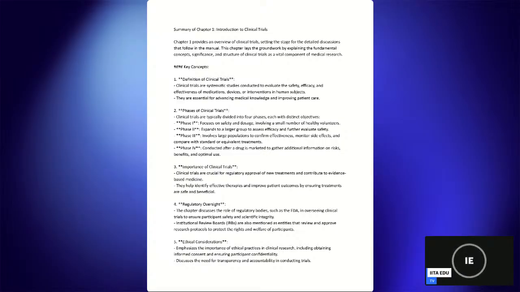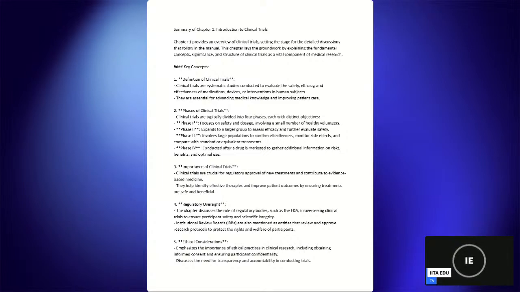What are the phases of clinical trials? Clinical trials are in four phases, and each of these phases is distinct. The first one is phase one, which focuses on safety and dosage, involving a smaller number of healthy volunteers.